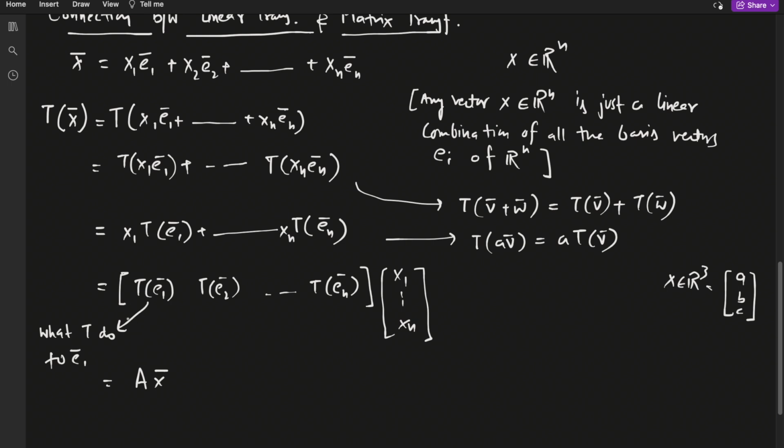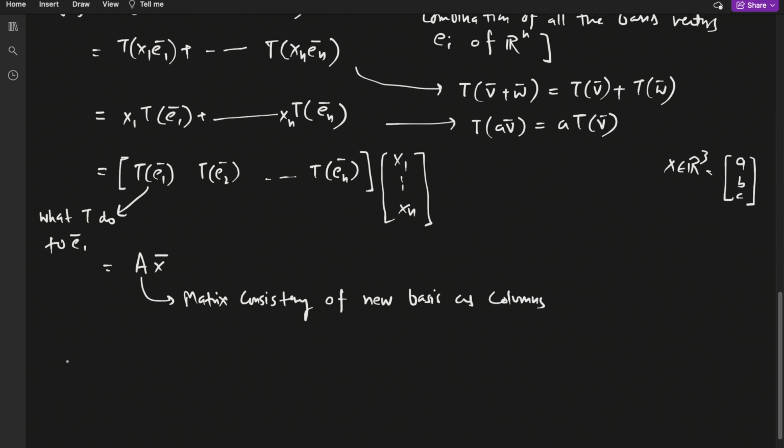This combined compact representation is nothing but the matrix A. So matrix A is a matrix consisting of the new bases as columns. e1, e2 up to en were the original bases.